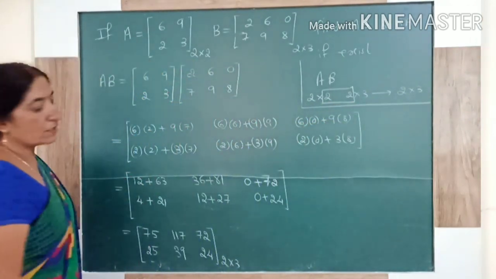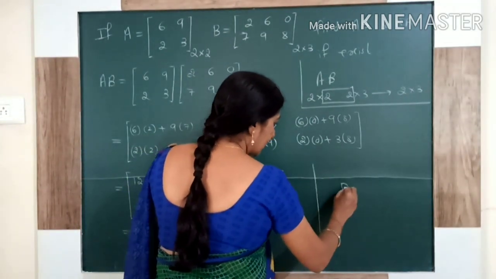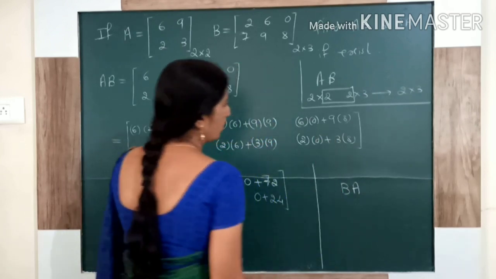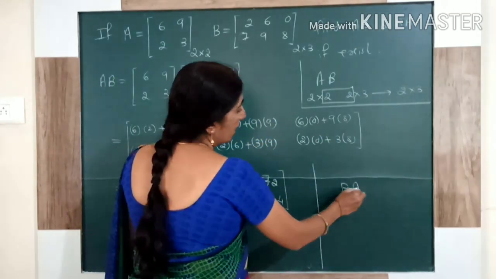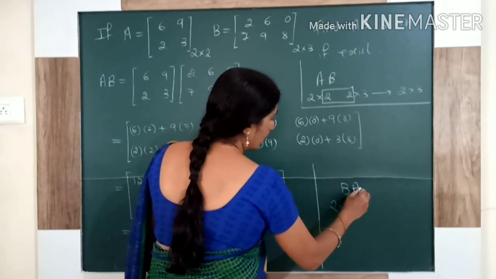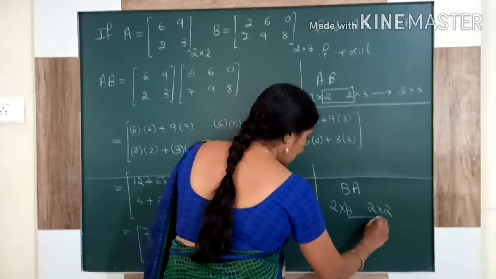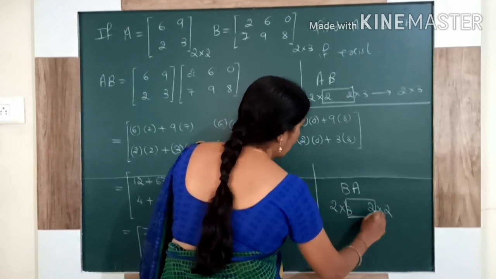The next one is BA. For that, before multiplying, I will check whether the multiplication is possible or not. BA. B is of order 2 by 3. A is of order 2 by 2. See these numbers. Are they equal? No, they are not equal.